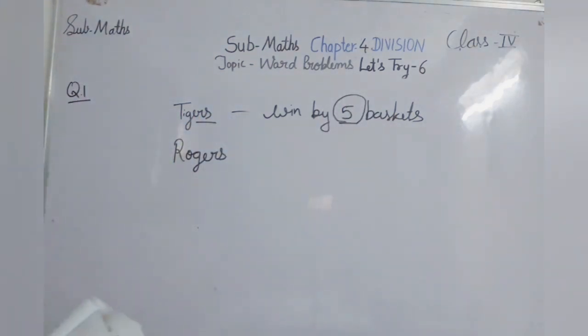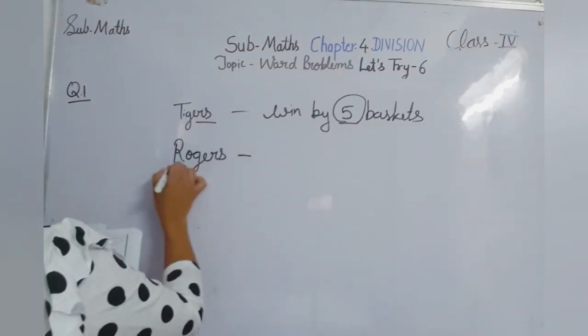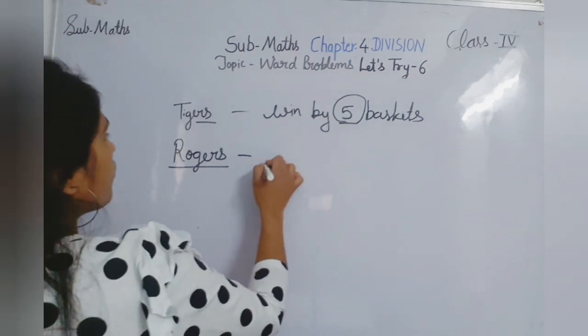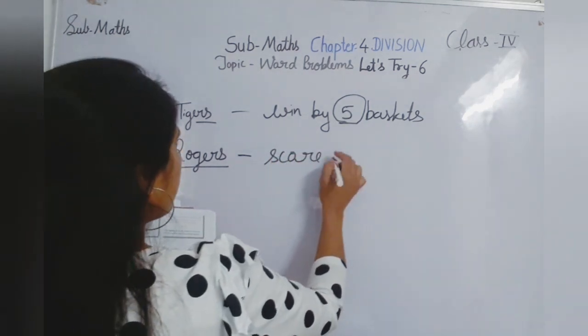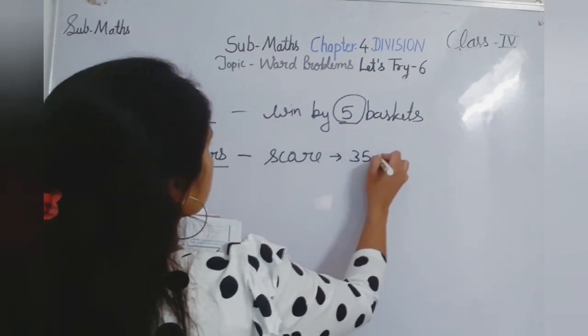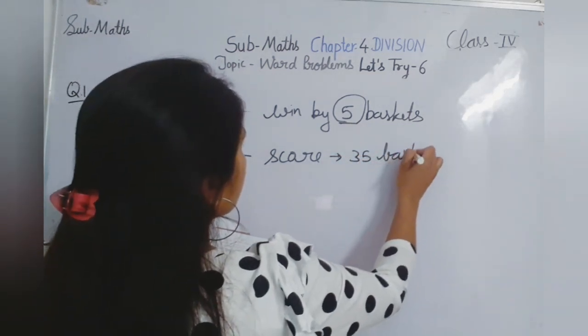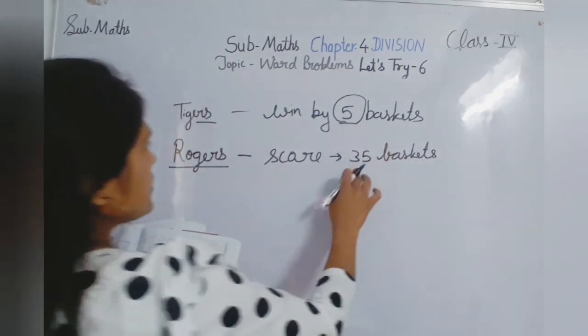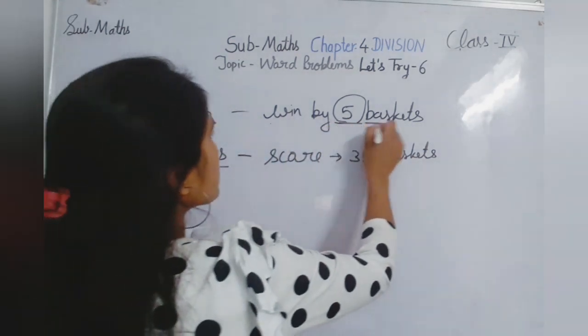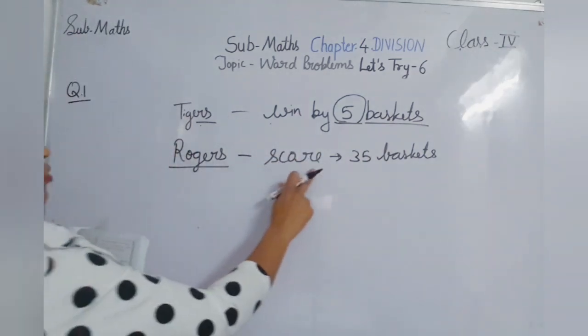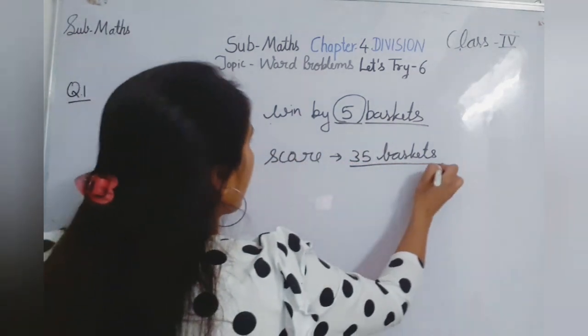They have given that the Roggers' final score was 35 baskets. What was the Roggers' score? The Roggers' score is 35 baskets. Baskets means the score. So the Tigers win by 5 baskets and the Roggers scored 35 baskets.